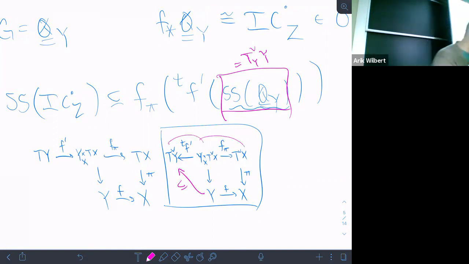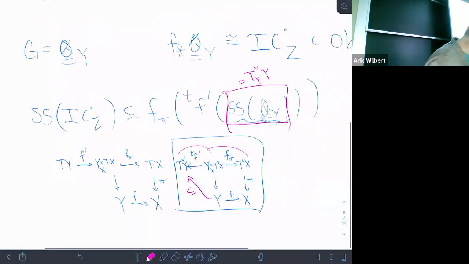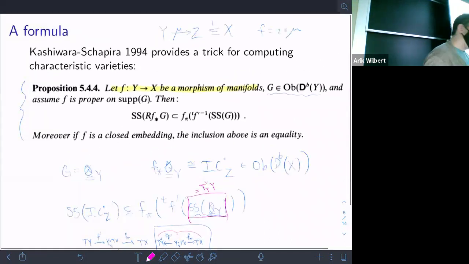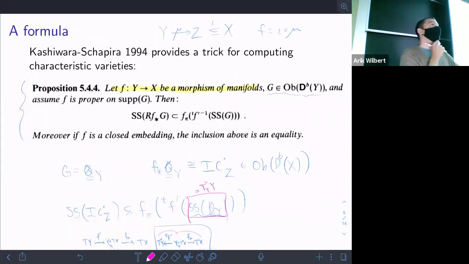So it's saying that if there's a small resolution, it gives an upper bound on the characteristic variety of intersection homology. This is present in Kashiwara-Schapira, but I actually learned it from Alexander Vilonen, who gave a YouTube video and gave this formula, and he said that this gets you pretty far in calculating singular supports of these sheaves.